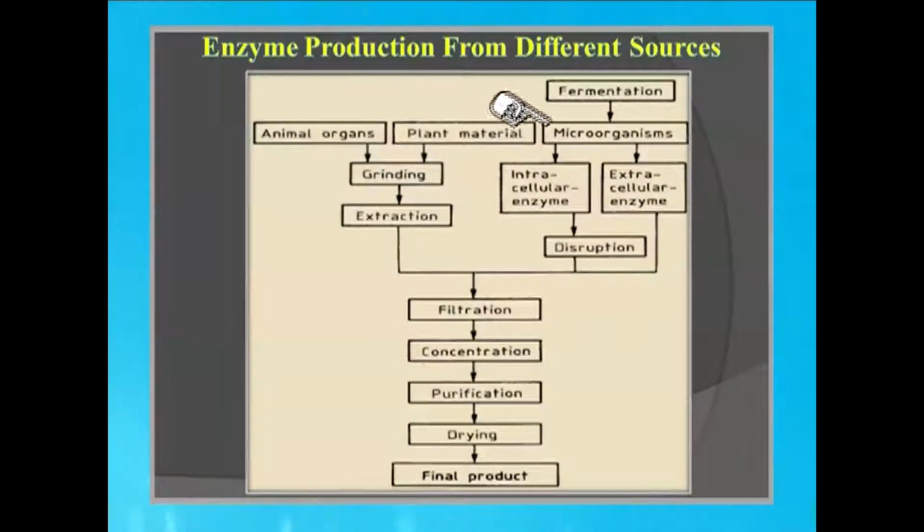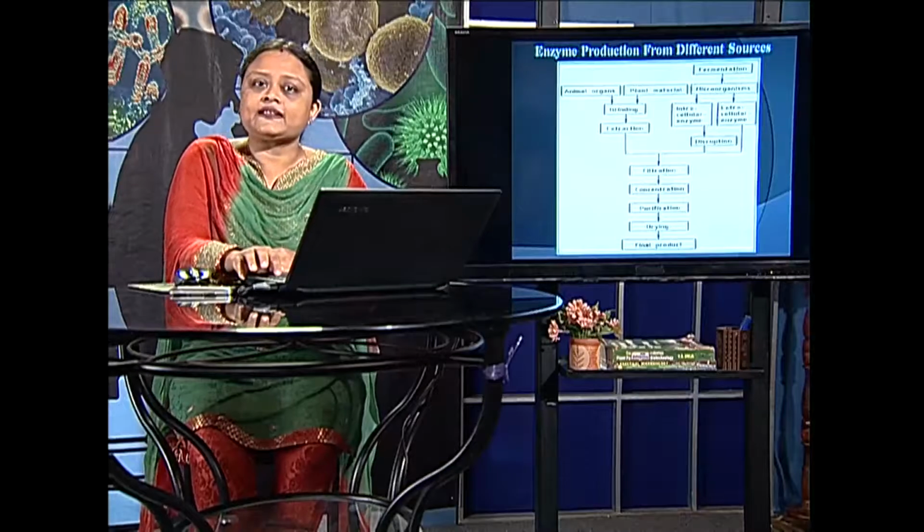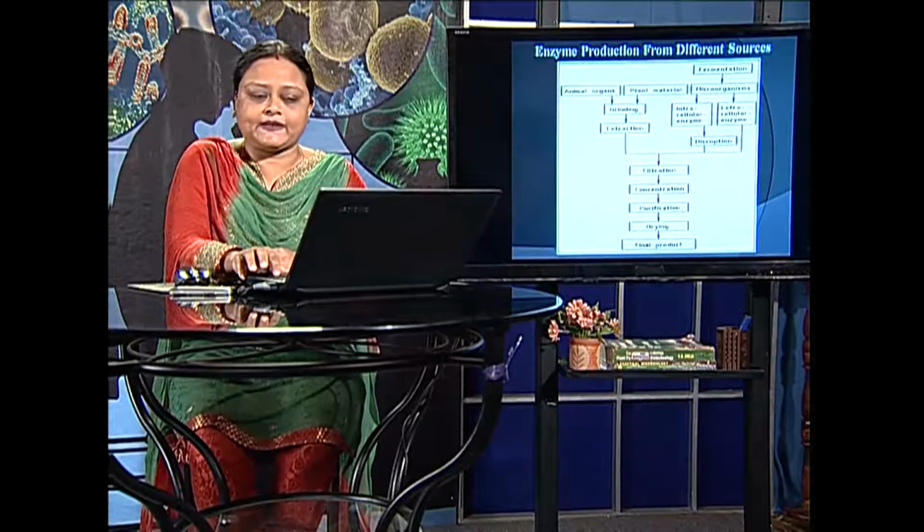While if we are using microorganisms, we will carry out a fermentation protocol in a fermenter, and then depending on whether the enzyme produced is intracellular or extracellular, carry out different protocols to get the final product. The final recovery involves filtration, concentration, purification, drying, and there may be several others also like chromatography, dialysis and many more. All these make the final product slightly expensive.